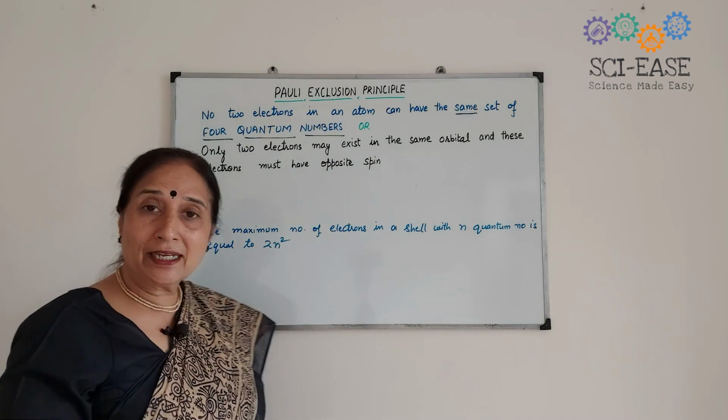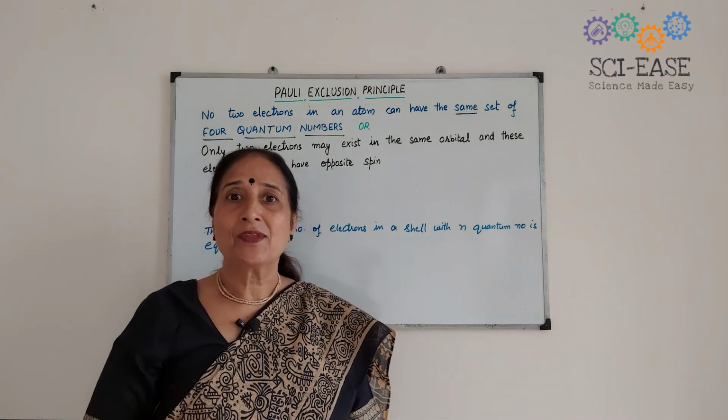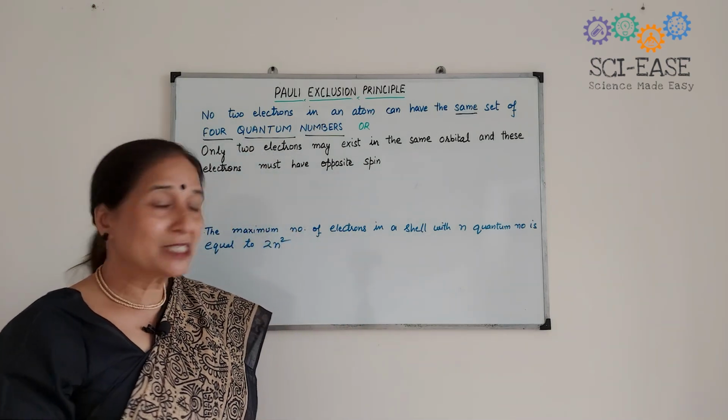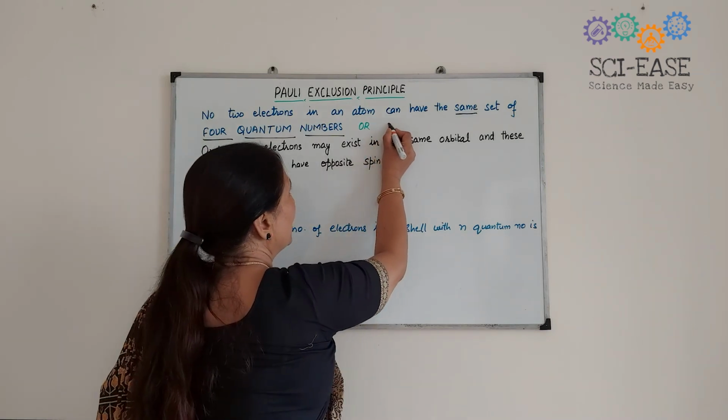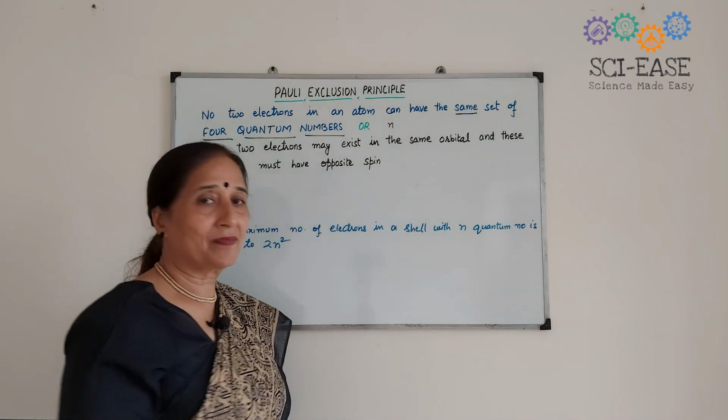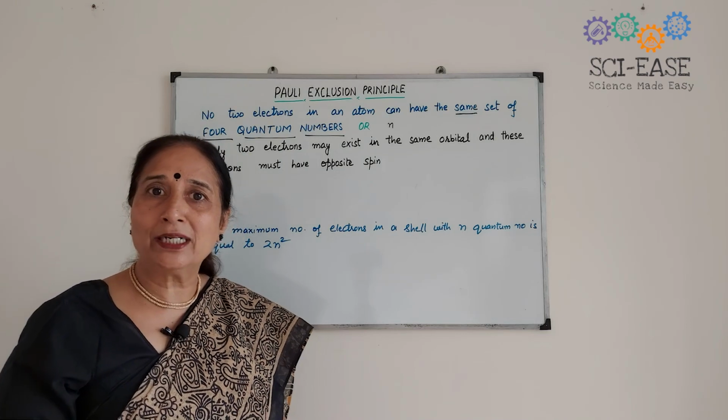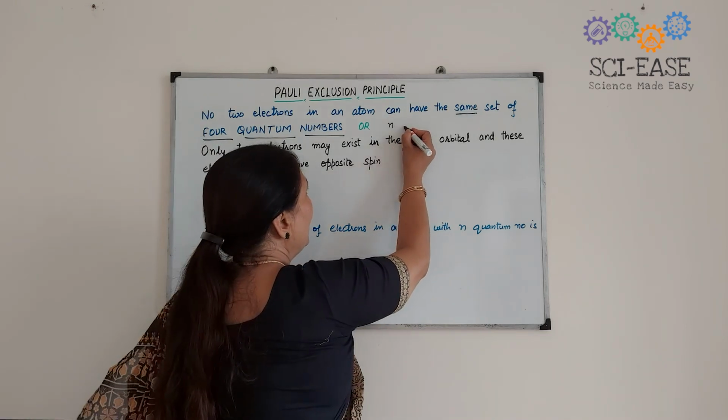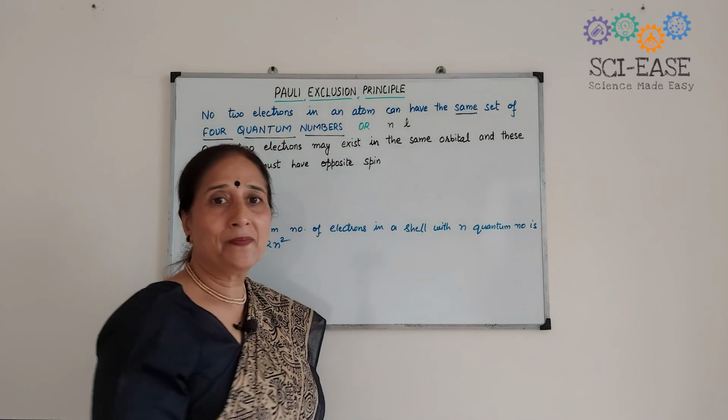You know that there are 4 quantum numbers. First is the principal quantum number denoted by n. Then the azimuthal quantum number denoted by l.